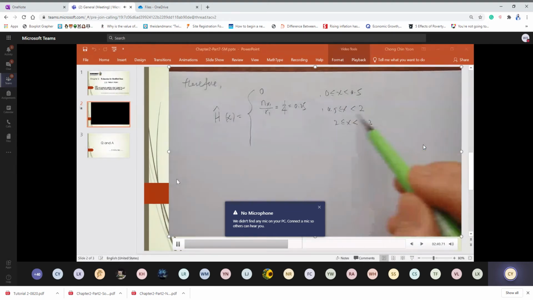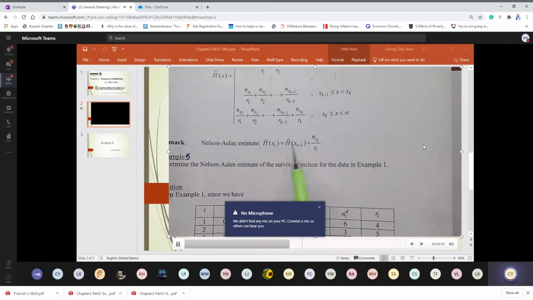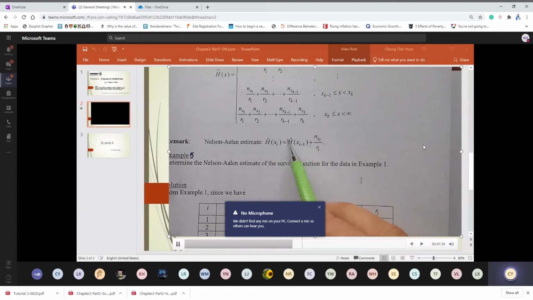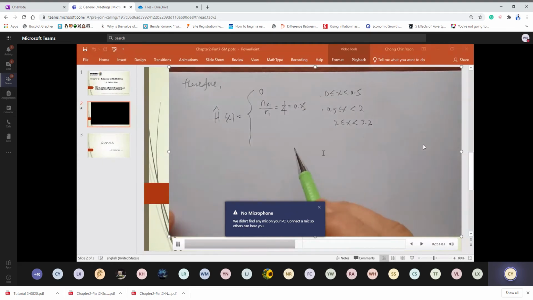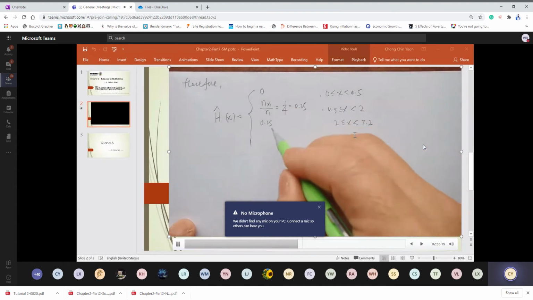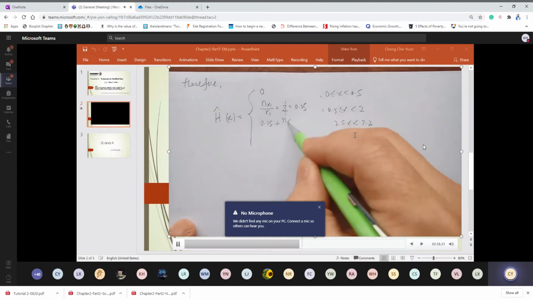Now, for the next interval, we use the recursive formula to calculate. That is, we take the previous result plus the new result here. So we have 0.25 and then plus the n_x2 divided by R2.